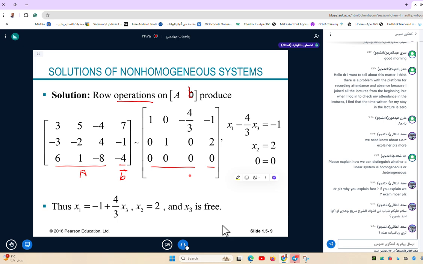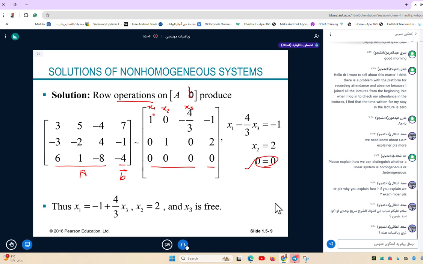First of all, look at the last row. This corresponds to 0 equals 0, which is okay. This means that the system is consistent. Please pay attention that the first column corresponds to x1, the second column corresponds to x2, and the third one corresponds to x3.